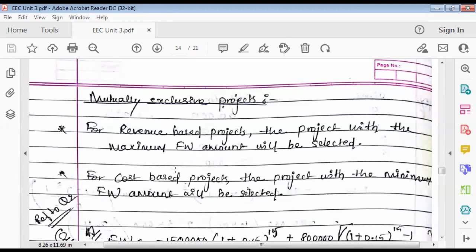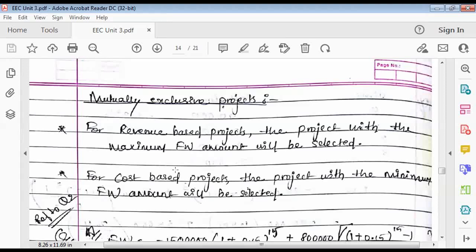And there are two different types of mutually exclusive projects or multiple investment alternatives. One can be revenue based, the other one can be cost based. For revenue based projects, I hope you still remember the decision rule for the present worth method, and the same decision rule is here.